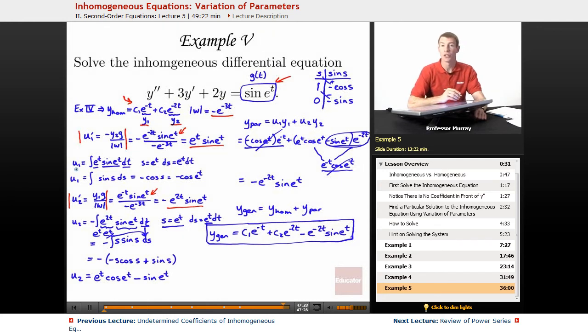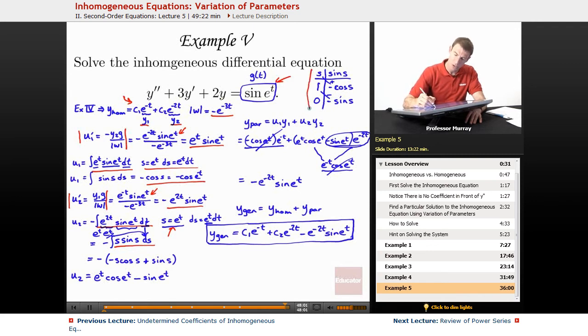And then to get u1 and u2 themselves, you have to integrate those. So that's what we're doing here, integrating with a little substitution. First one wasn't a bad integral, just to get u1 by itself. Remember, you don't have to add a constant when you're doing these integrals to find u1 and u2. u2 was a little messier. We had to integrate this, and so we did a substitution first, and then even after substituting, we had an integral that we needed to solve by integration by parts.